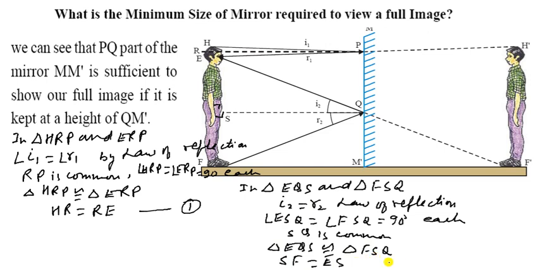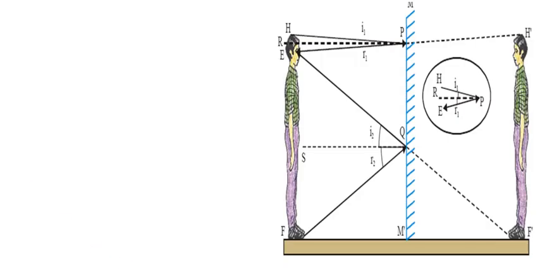So let us see the equation now by CPCT. ES is equal to SF. So you can write SF is equal to ES. This is equation second. So that is the height of the man, HF.